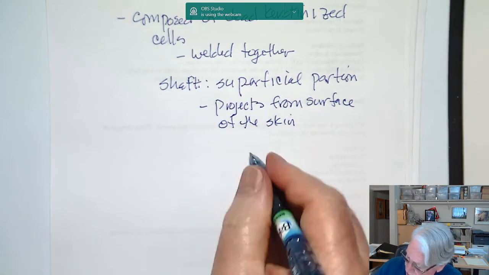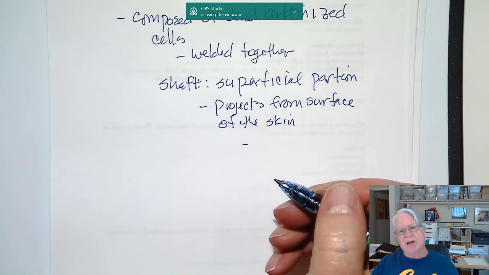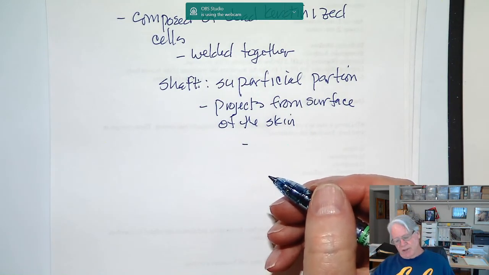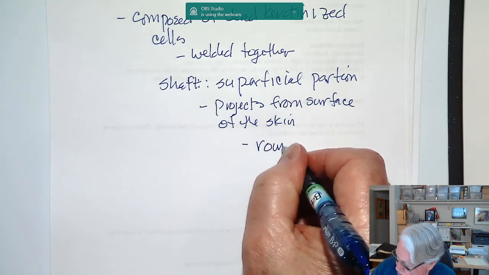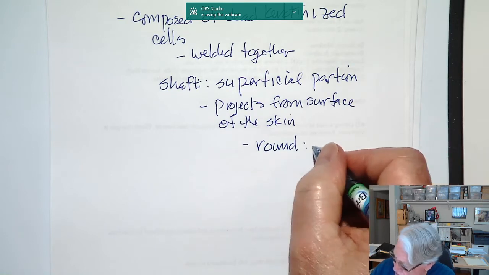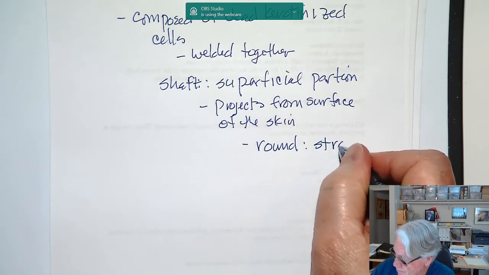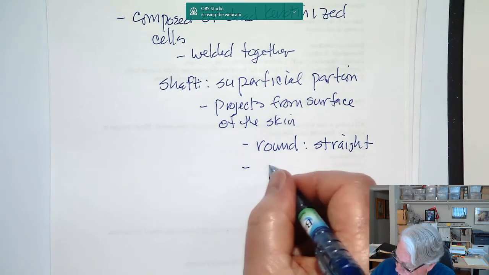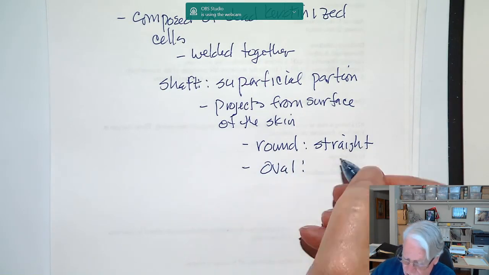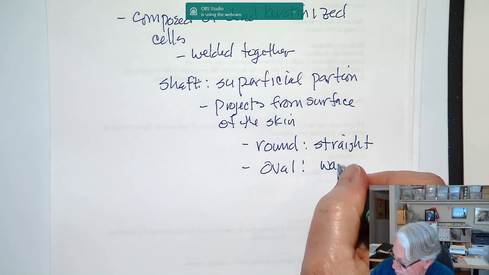Okay. Now that shaft in cross section can have different cross sections. If the shaft is round or close to round, your hair tends to be straight. On the other hand, if it has an oval type cross section, you tend to have wavy hair.